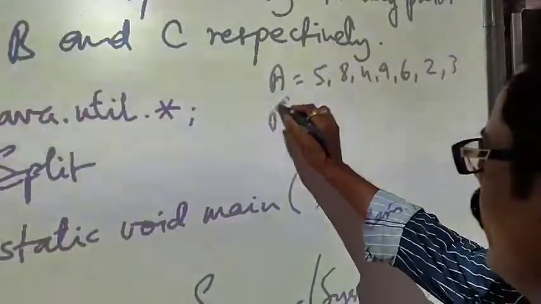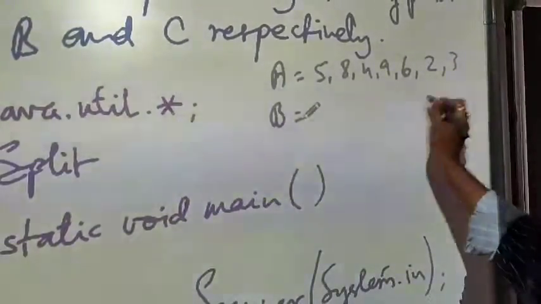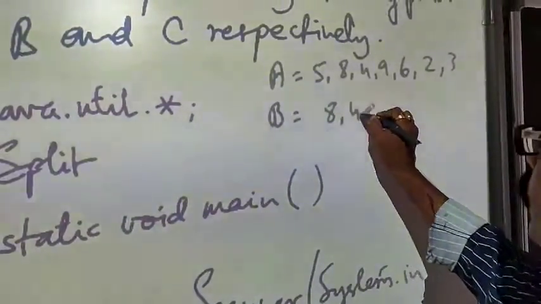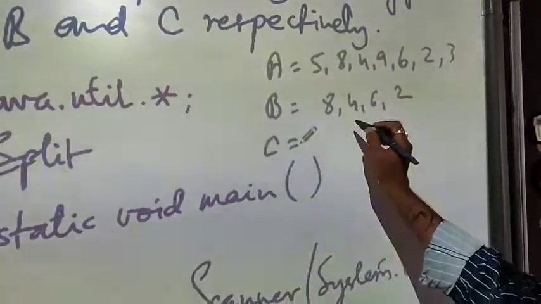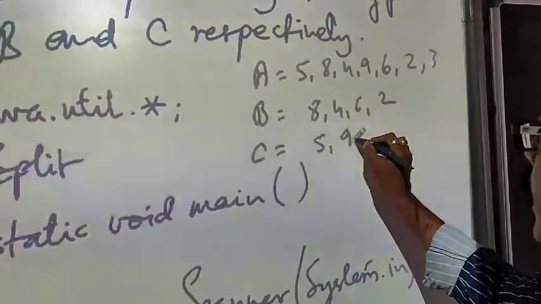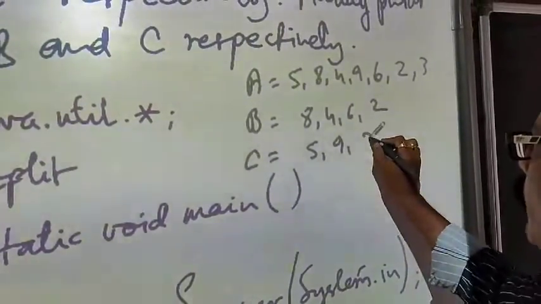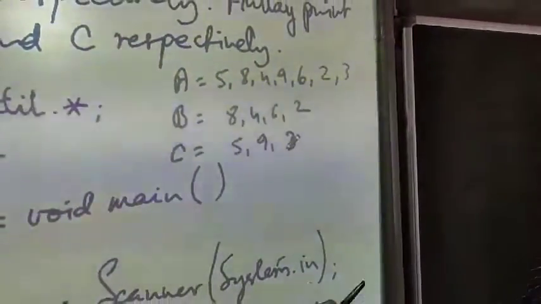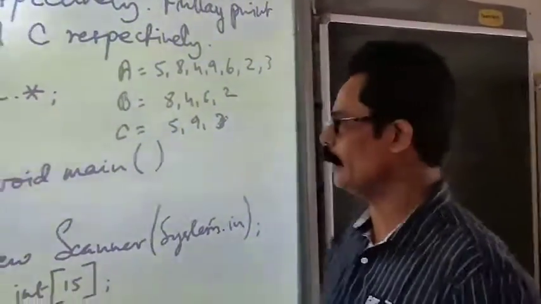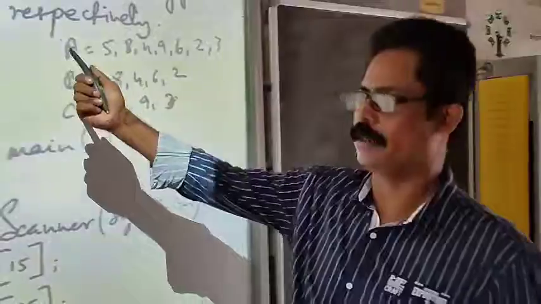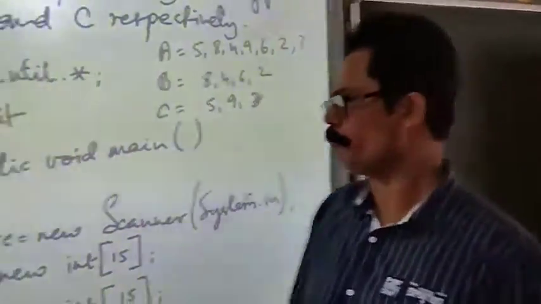So B will take all the even ones, that is 8, 4, 6 and 2. And C will take 5, 9 and 3. And finally, you have to print B and C respectively. So this is exactly what you have to do with regard to this particular question.